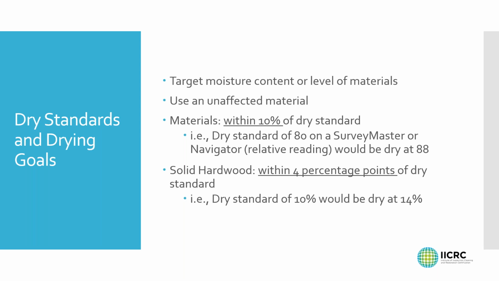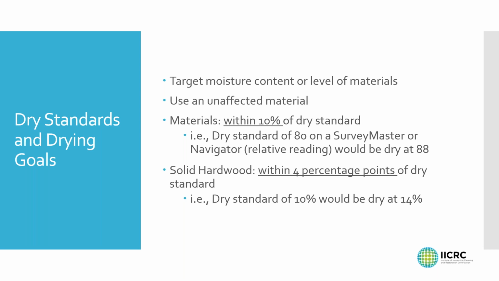The exception is on solid hardwoods, they recommend within 4 percentage points. So take a dry standard of 10%, that wood would be considered dry at 14%. Now, the one thing about wood that you need to understand is there's some other numbers such as fungal growth begins at 16% and dry rot begins at 20% and wet rot at 30%.